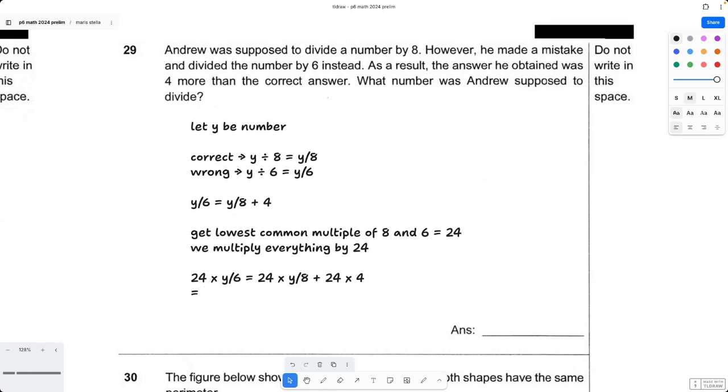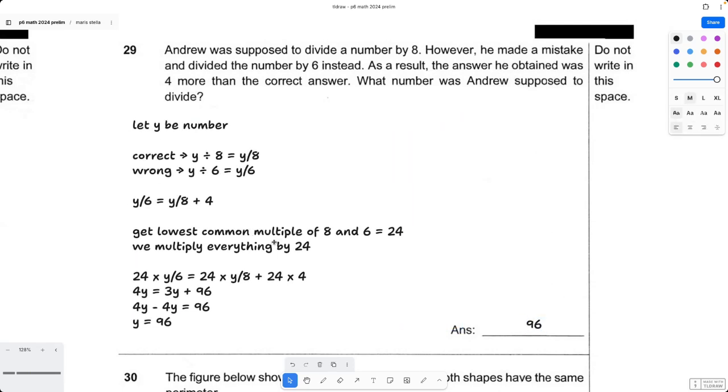In this case, 24 divided by 6 is 4, so 4y is equal to 3y plus 24 times 4, which is 96. So then 4y minus 3y is equal to 96. y equals 96. Okay, there you go. That's the answer. So y is supposed to be 96.